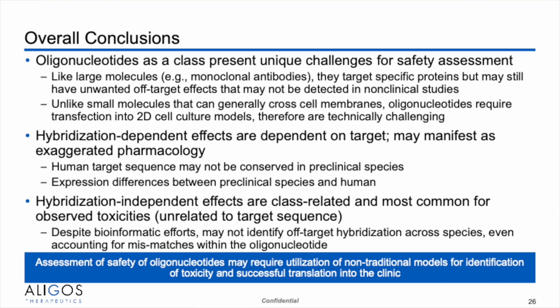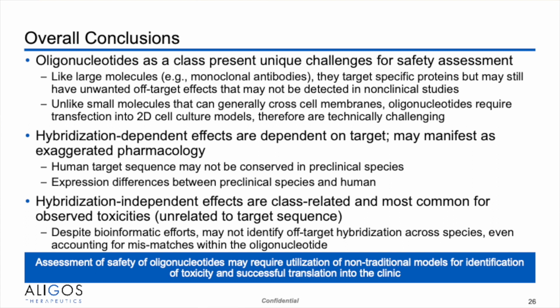The hybridization-dependent effects really depend on the target, and they may actually manifest as an exaggerated pharmacology. In this case, we're targeting a virus, and so not hitting any host target proteins. Certainly, you can have differences in expression between your preclinical species and human.